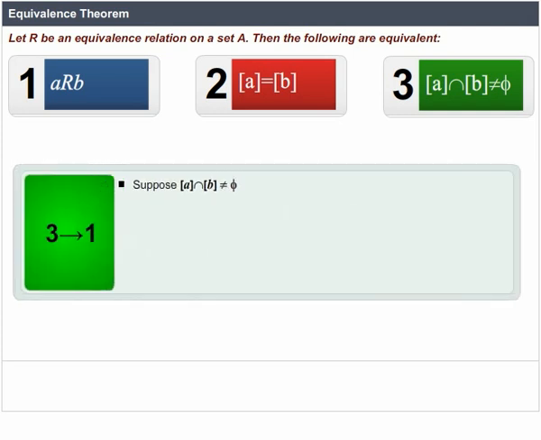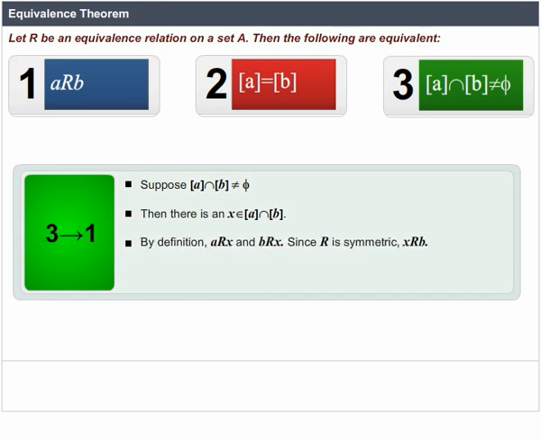Suppose A intersection B is not empty, then there is an x belongs to A intersection B. By definition, A is related to x and B is related to x. Since R is symmetric, x is related to B. Since R is transitive, and both A is related to x and x is related to B, A is related to B.